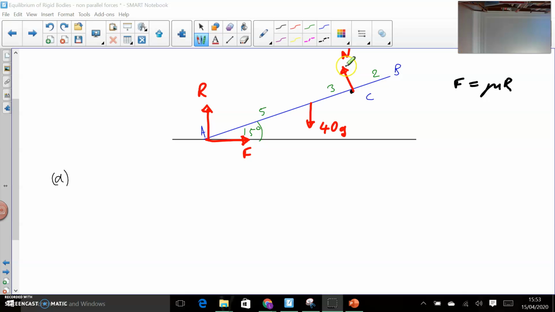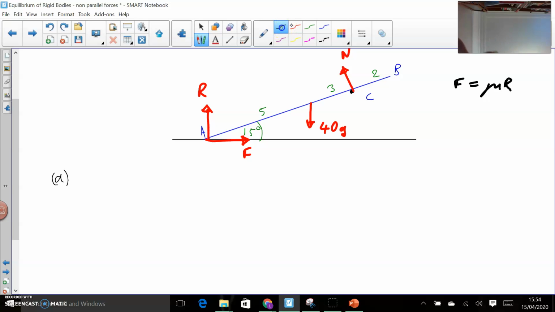Now to find N, we don't know R and F, and we would see that R and F both pass through A. So if we took moments about A, we would get an equation which doesn't have R or F in it, and we know the weight, and we therefore should be able to find N. So that's what we should do. We will take moments about A.